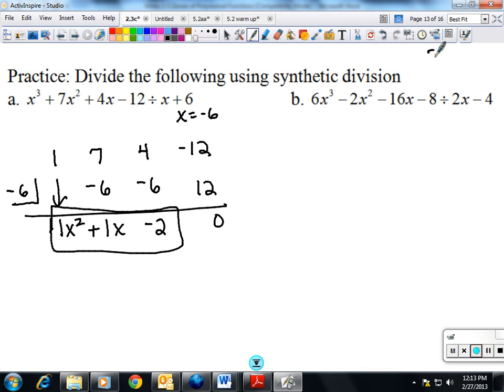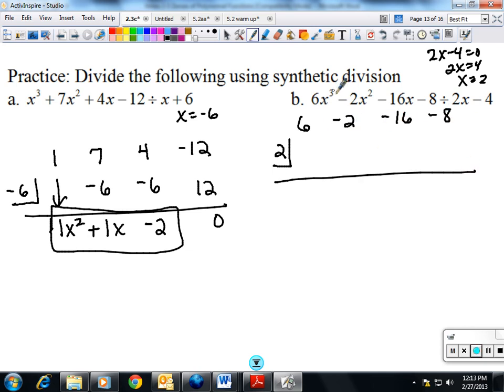This one, if I set that equal to 0, 2x equals 4, x equals 2, 6, negative 2, negative 16, negative 8. Now all these had every term, but if I was missing a term, I would add it in with a 0. 6 times 2 is 12, negative 2 plus 12 is 10, 10 times 2 is 20.